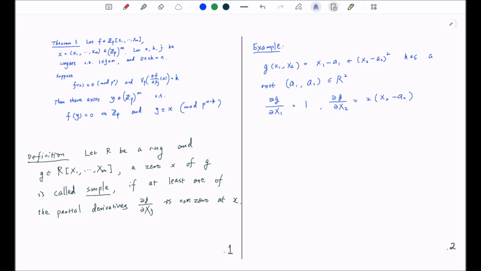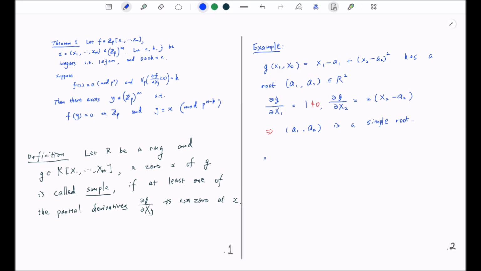By the usual convention, a ring contains a multiplicative identity denoted by 1, and that 1 is not equal to 0. So this root is simple.